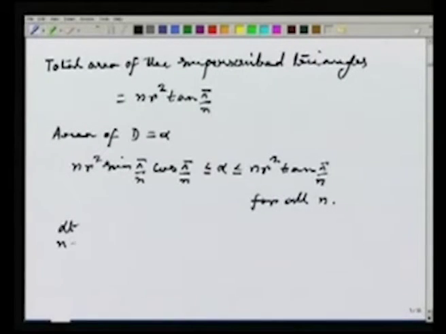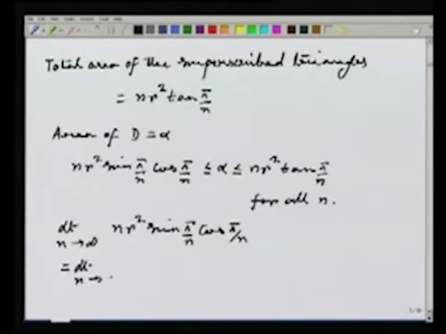Limit n going to infinity, n r square sin pi by n times cosine pi by n. I just write it in the form limit n going to infinity, n r square sin pi by n divided by pi by n into pi by n times cosine pi by n.